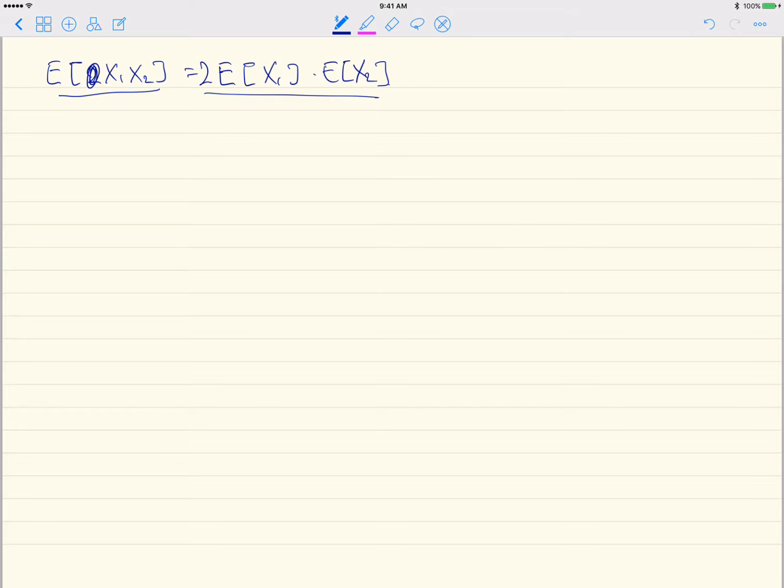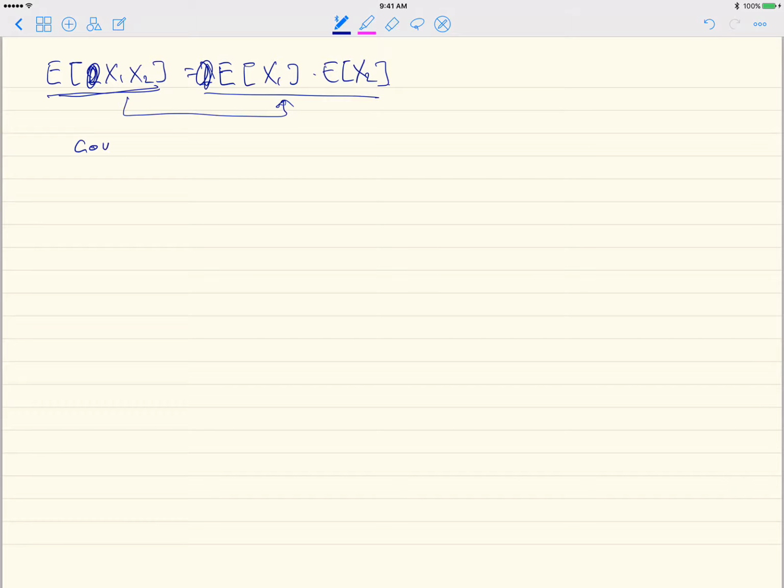So let's just simply remove this. In this case, that should be the same as this. It was called uncorrelated as well, right? So what was the meaning of uncorrelatedness?